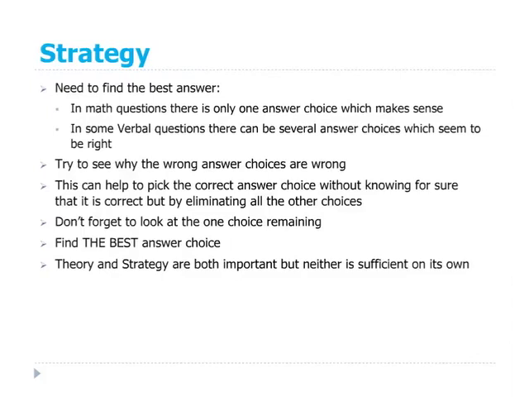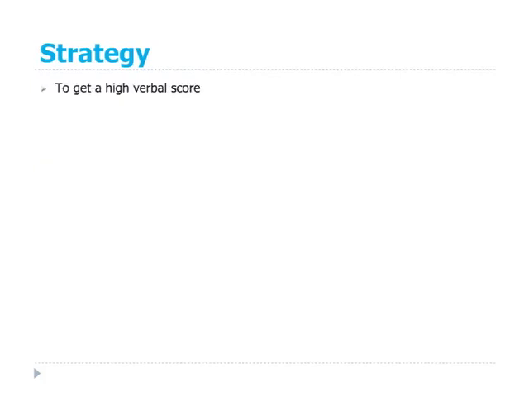So we encourage you to learn all the theory that you may have to deal with on the test, as well as learning the main approaches to questions that can save you time and increase your accuracy by helping you avoid those sophisticated traps. So, to get a high verbal score, study. Some of the questions you'll meet in the verbal section are quite hard and require knowledge of specific fields which you may not be acquainted with.